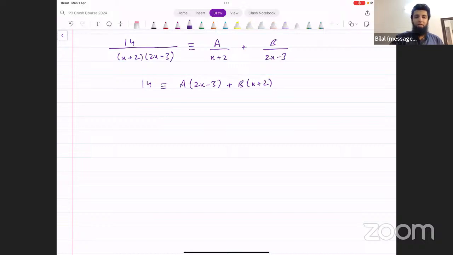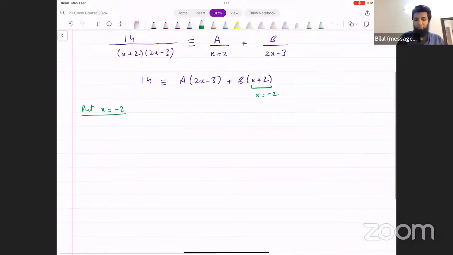Okay. And now you can try inputting some values of x. How can you make this bracket 0, for instance? In order to make this bracket 0, you would have to input x equals -2. So we could start with that. We could say, let's input x equals -2 on both sides.